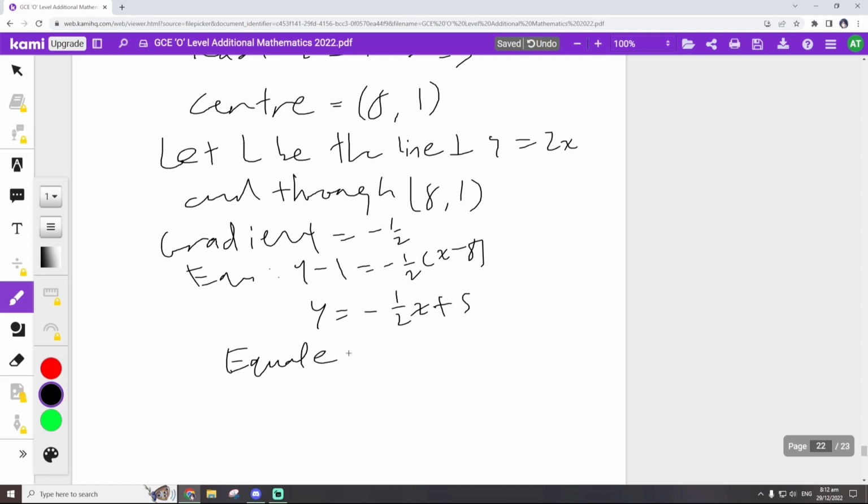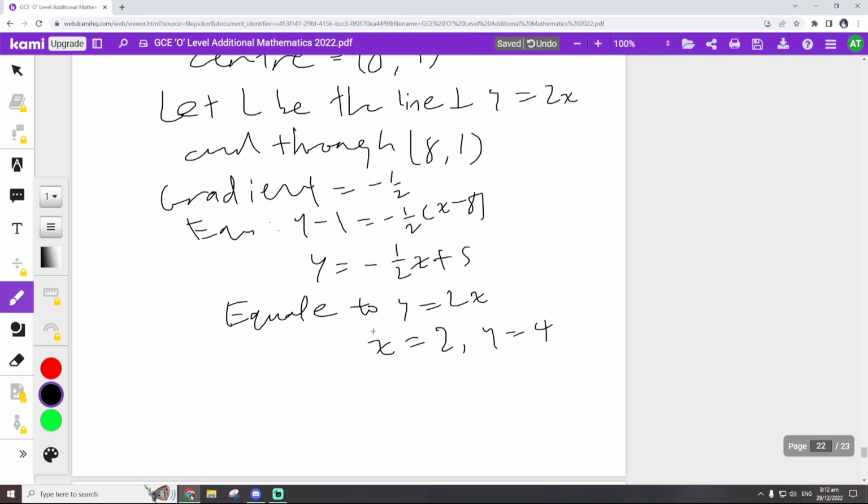Equate this to y equals 2x, and what you will get is x equals 2 and y equals 4. So shortest distance will be square root of, so consider difference in x, so you get 2 minus 8 squared plus 4 minus 1 squared.